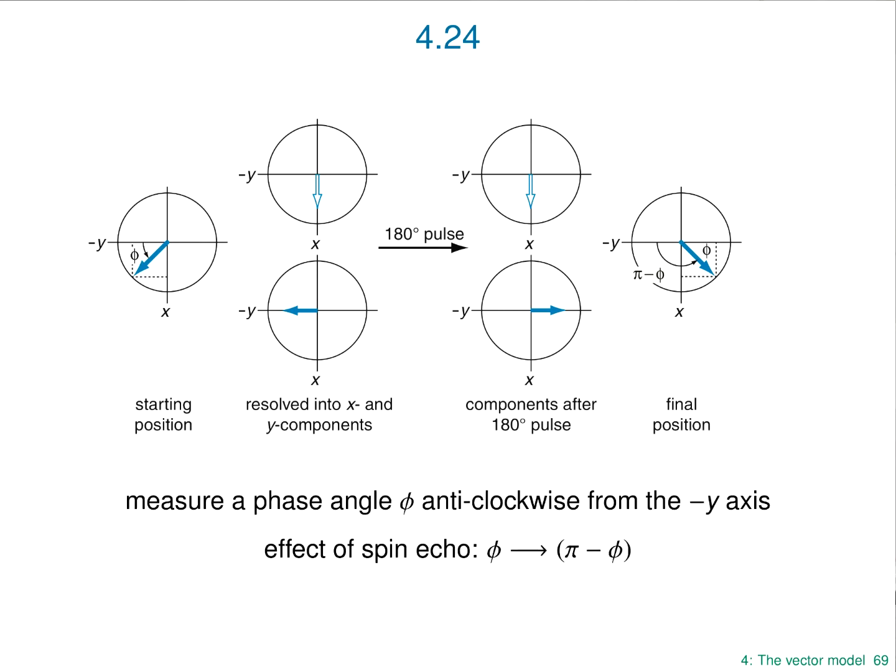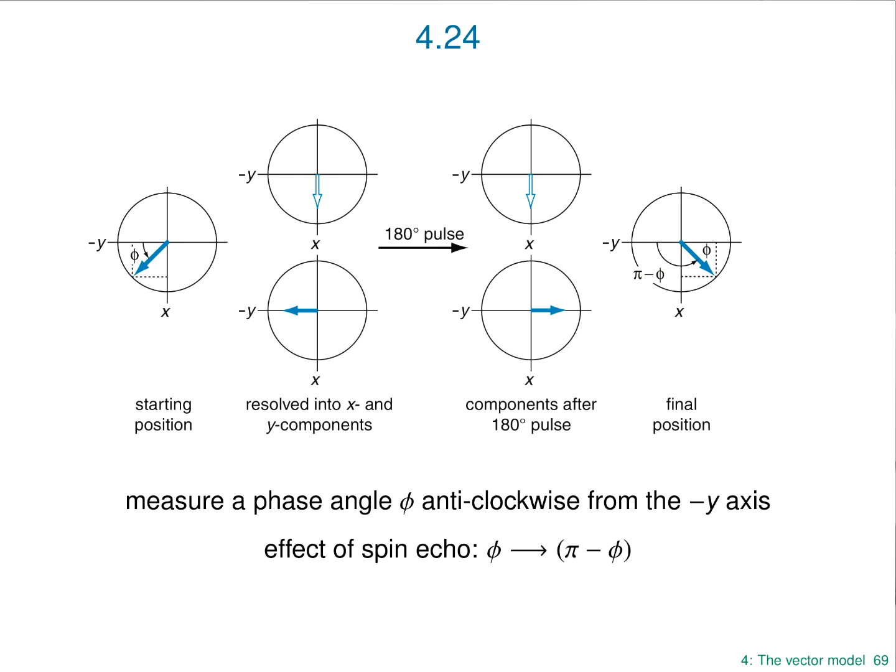And if you want to describe it in terms of an angle, you need to be quite careful. I'm going to define the angle as being measured anti-clockwise from the minus y-axis. So if you look at the first picture, phi is measured anti-clockwise from the minus y-axis. So the angle that my vector ends up at is actually pi minus phi.